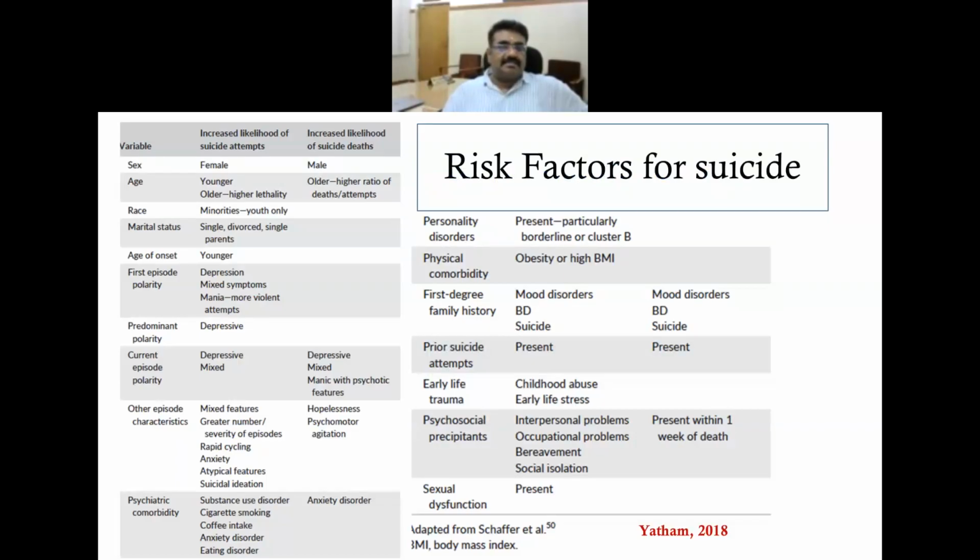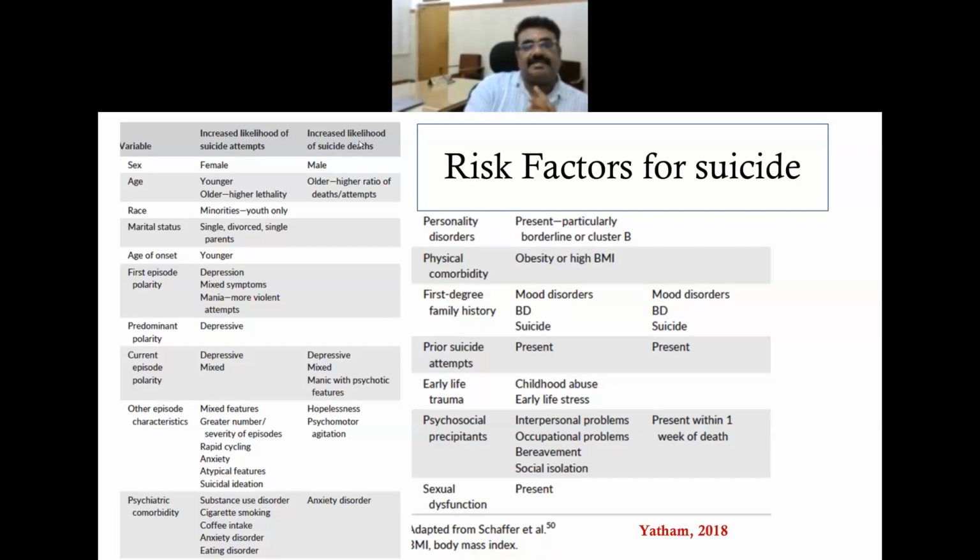Again, these are a few risk factors for suicide. I'm basically focusing on the clinical features here. There are two columns here. The column on the left is who makes more attempts, and the other is the risk for increased likelihood of completed suicide.